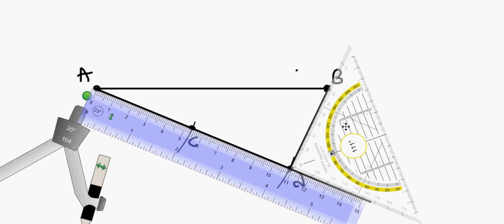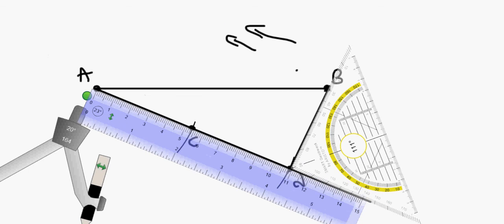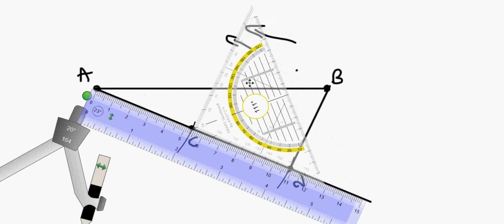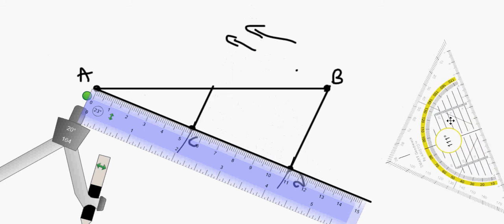Now we're going to move the set square in this direction, while holding the ruler firm. We slide it along until we reach point C, and just after reaching point C, we can draw up, and now we've cut the line successfully in half. So there we go.